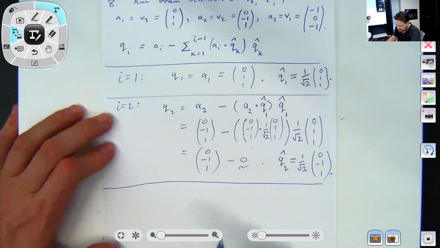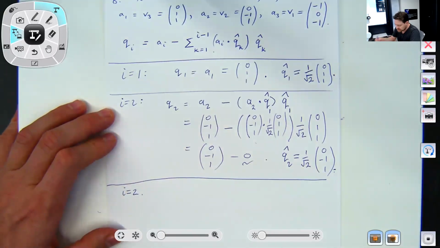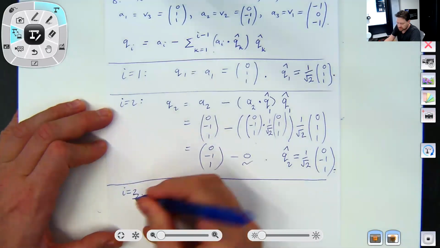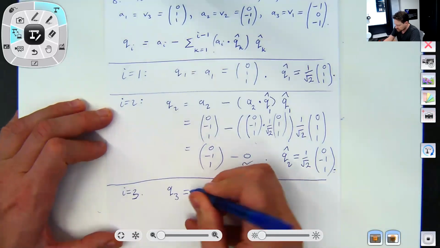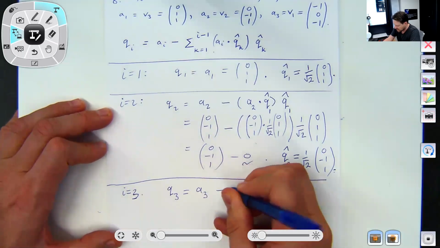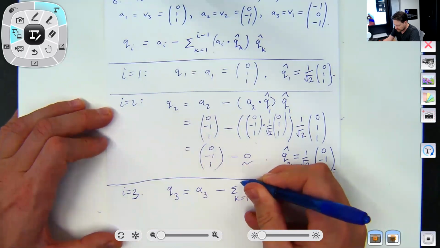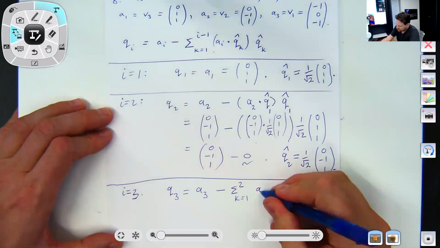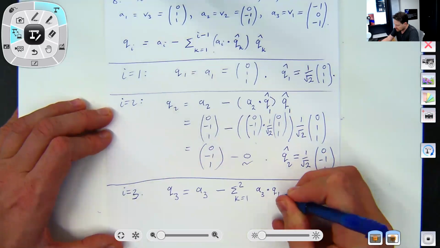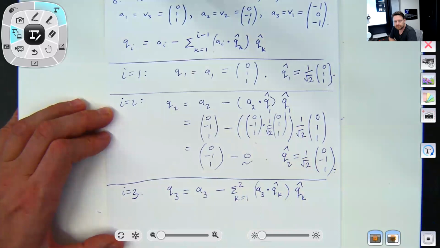So now when i equals 3, this is our last case, let's write out the formula. So we would have, sorry, that's a 3, isn't it? Not a 2. We have Q subscript 3 equals A subscript 3 minus the sum from k equals 1 to 3 minus 1, which is 2. So this is two things. And now inside we have A subscript 3 dot Qk hat, Qk hat outside.